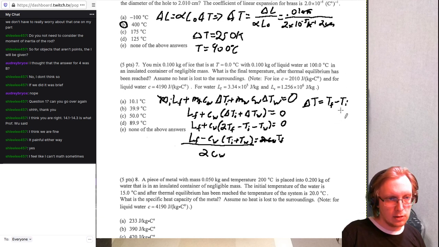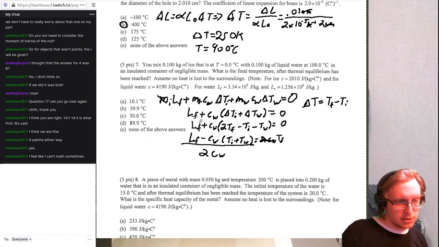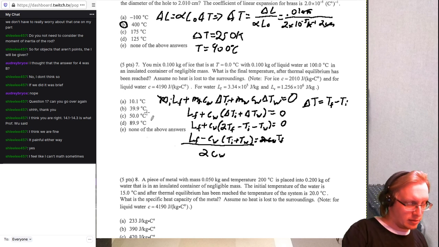T initial for this here is 273.15, and this is 373.15. I got a case of stupid coming on, and I don't like it very much at all, because this is the same answer I had the first time, and that's definitely not correct.